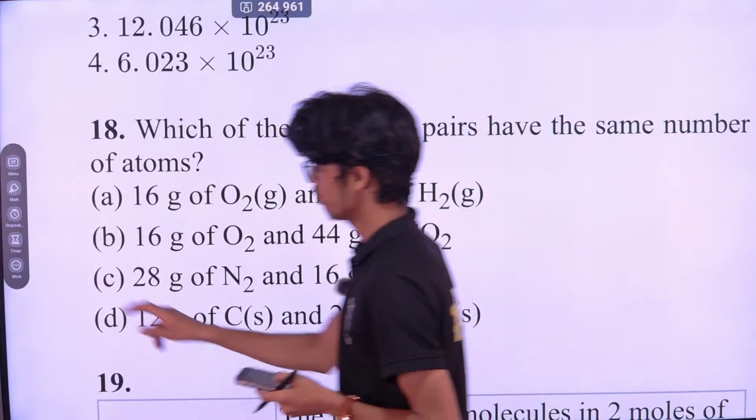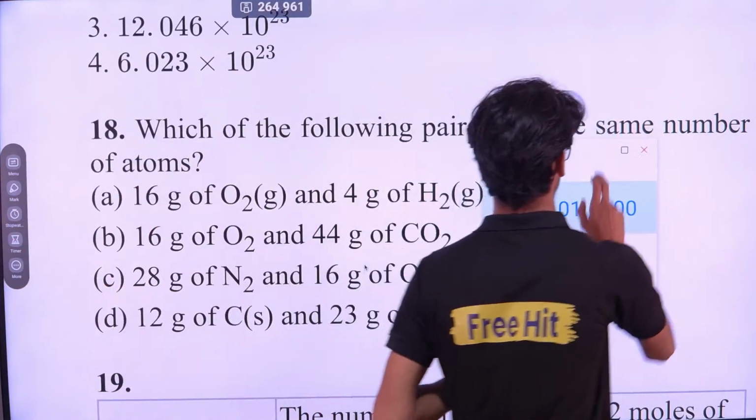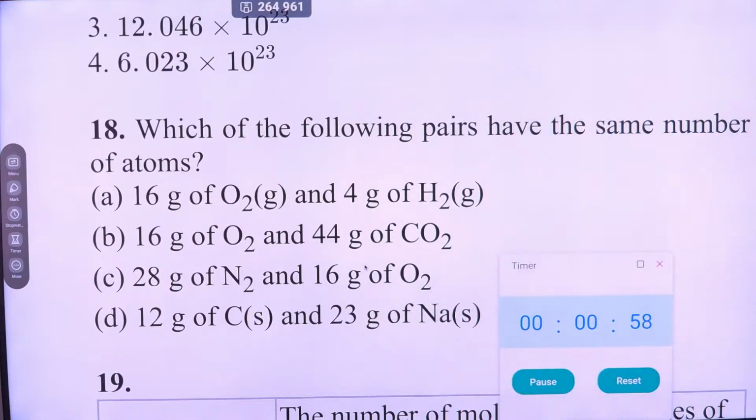Okay, so which of the following pairs have the same number of atoms? Let's finish this quickly, okay. 16 gram of oxygen, 4 gram of water. Tell me the answer.